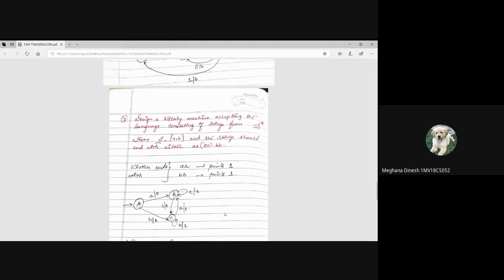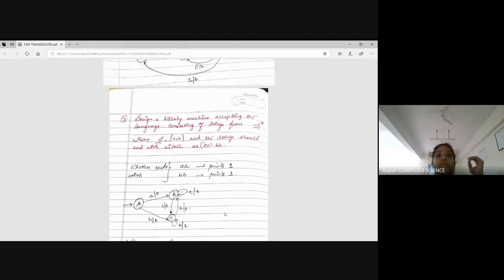Yeah, the question is like this. Design a Mealy machine accepting the language consisting of the strings where the string should end with either AA or BB. Only then you can print one. See, they will not tell you whether to print one or zero.